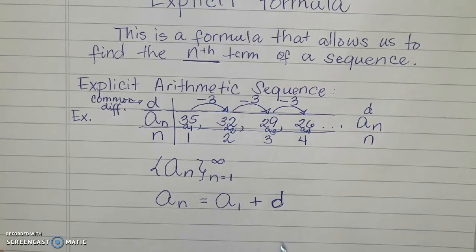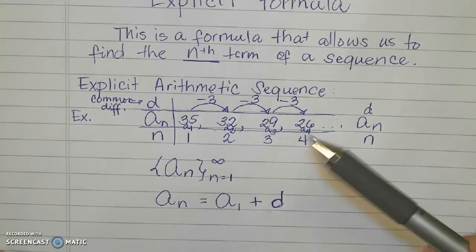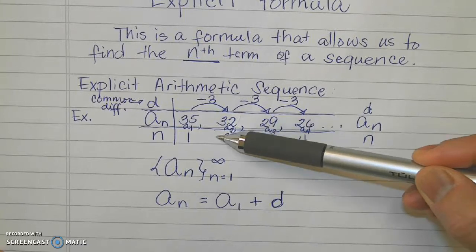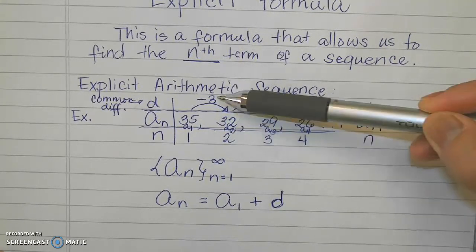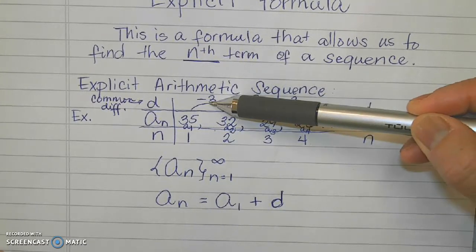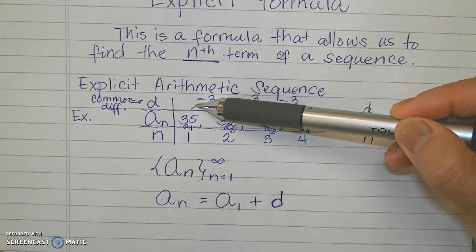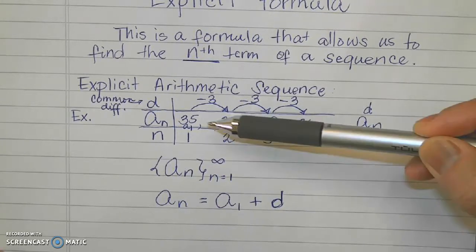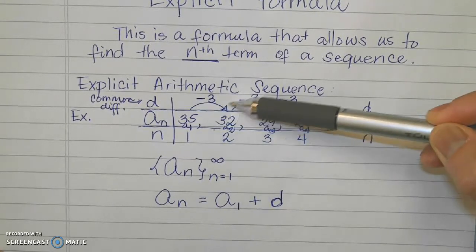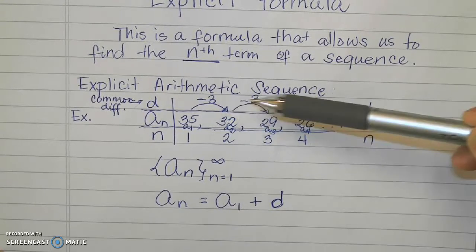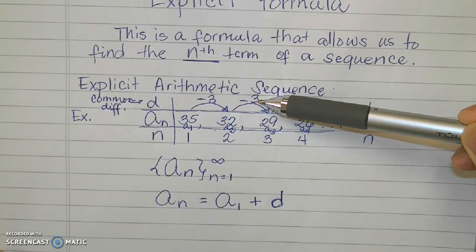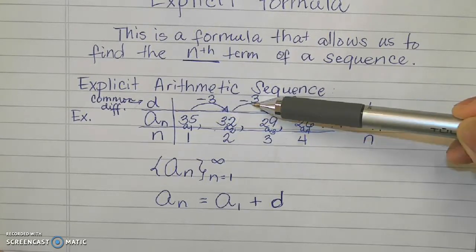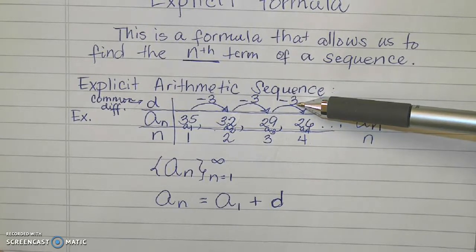But guys, please remember, if I'm looking at my second position right here, how many D's have I added? I only added one single D. On my third position, from the first one, I added how many D's? 2 D's. If I'm looking for the fourth term, how many D's technically have I added? 3.